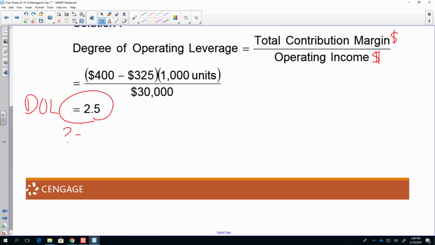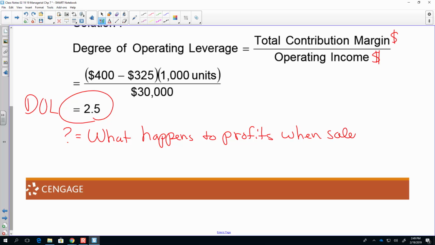So my question is, what happens to profit when sales increase? I'm just going to make up a new number, 20%.